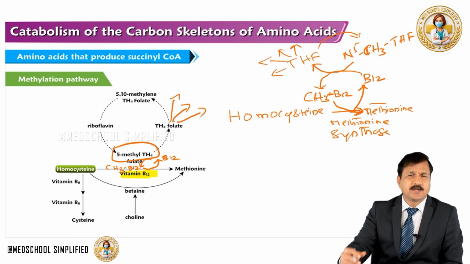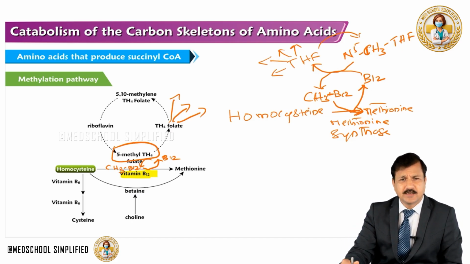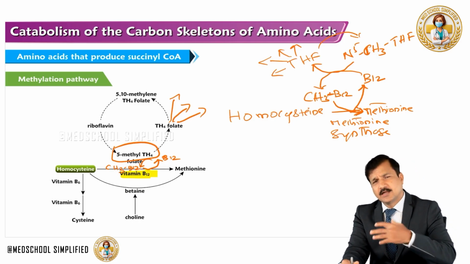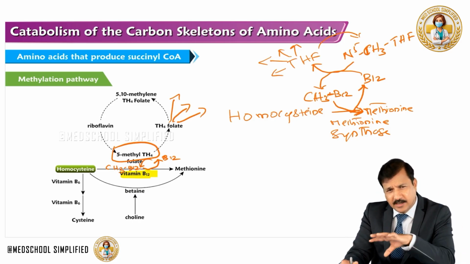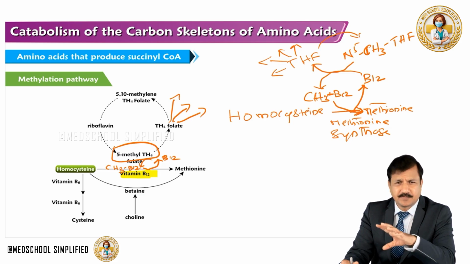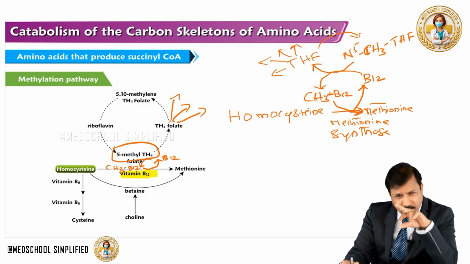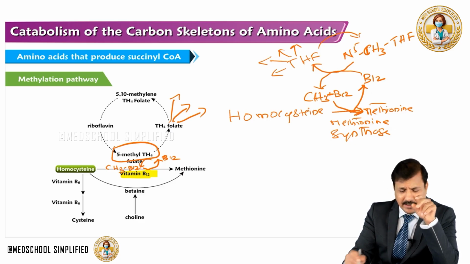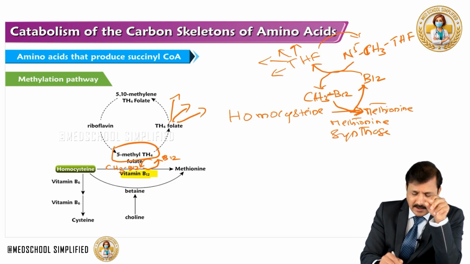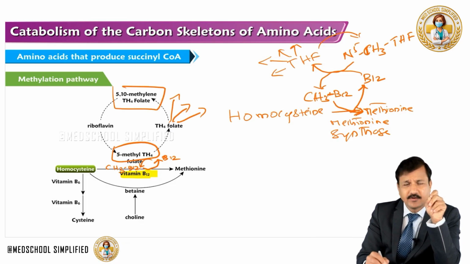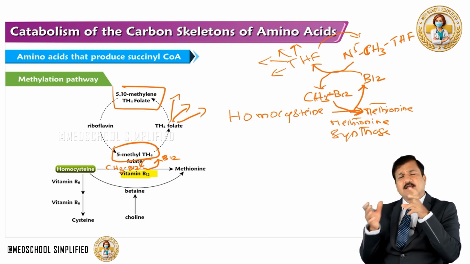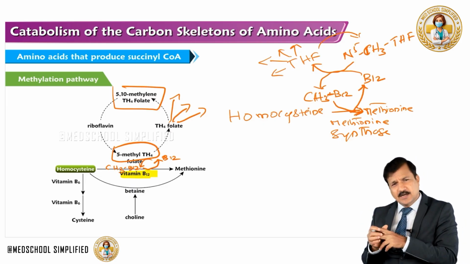There are different types of tetrahydrofolates: N5-methyl tetrahydrofolate, N5-N10 methylene tetrahydrofolate, N5-N10 methenyl tetrahydrofolate, formyl tetrahydrofolate, different types. Okay. So, one of the things that is shown here in the figure is how tetrahydrofolate can regenerate back into N5-methyl tetrahydrofolate. The intermediate there is N5-N10 methylene tetrahydrofolate. So, tetrahydrofolate can form N5-N10 methylene tetrahydrofolate.